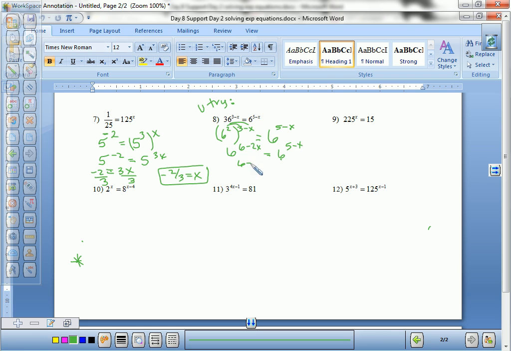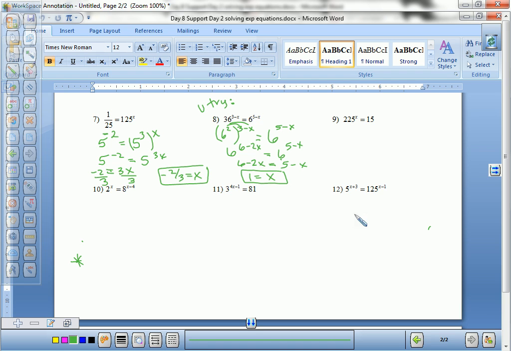So our equation that we're solving, once we set the exponents equal, is this. So we'll move our variables to one side, our numbers to the other, and I'm just going to do it in one big step. So if I subtract 5, that 6 becomes a 1. If I add 2x, that becomes a positive 1. So we get x equals 1.